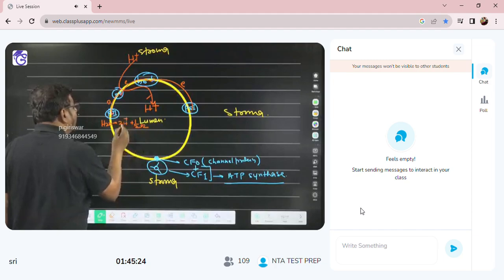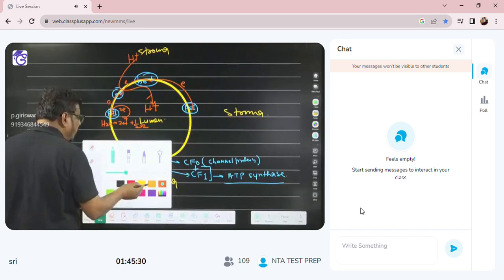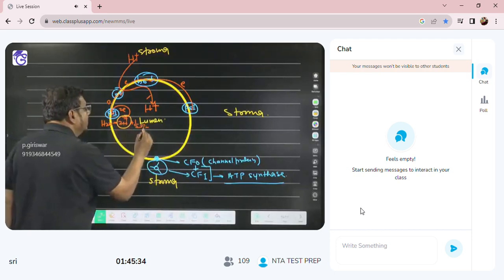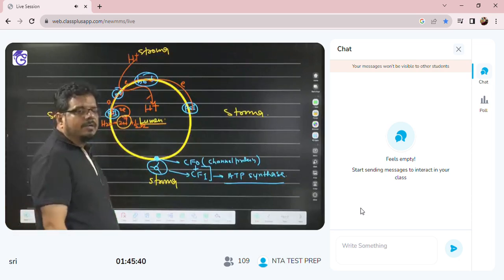And from hydrogen the electron went to which one? PS2. Where is the income of proton? Lumen. How did it come? By photolysis of water.